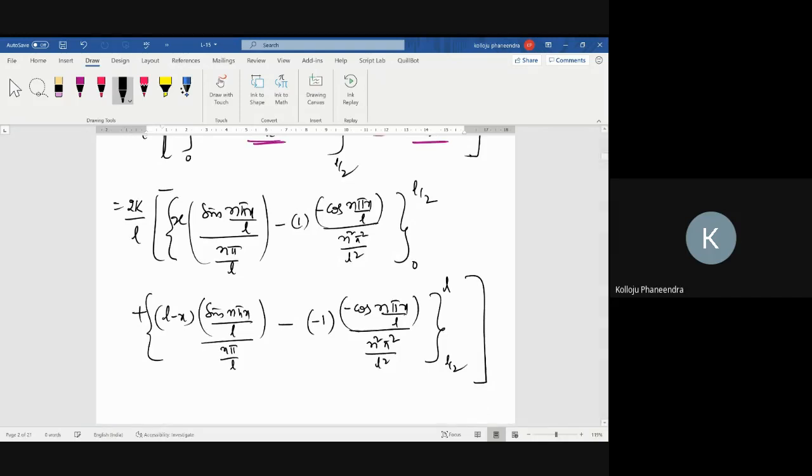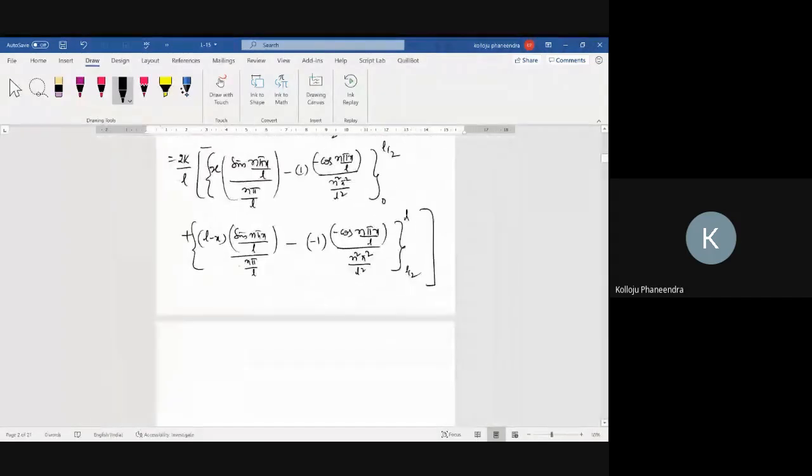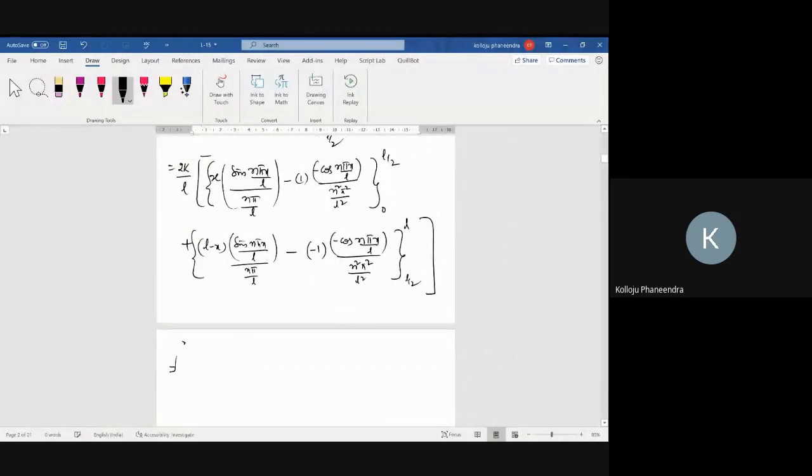Now substitution of limits. This is equal to 2k by L. First, the upper limit: let me take upper limit L by 2 in this one. If I put x equal to L by 2 here, with L by n pi, this is L square by 2n pi, since L by 2 means the L gets cancelled, sine n pi by 2 will be there.